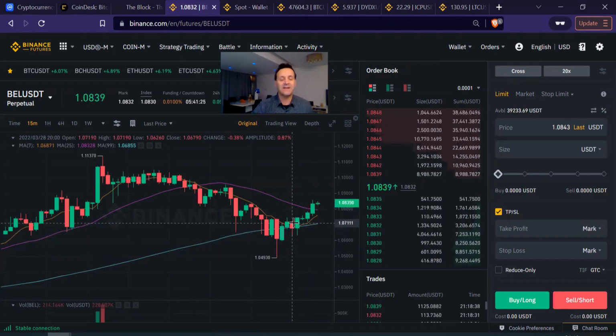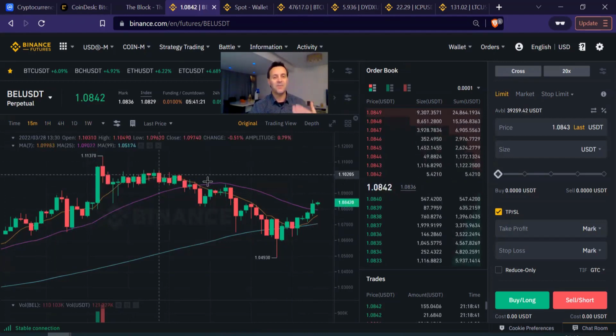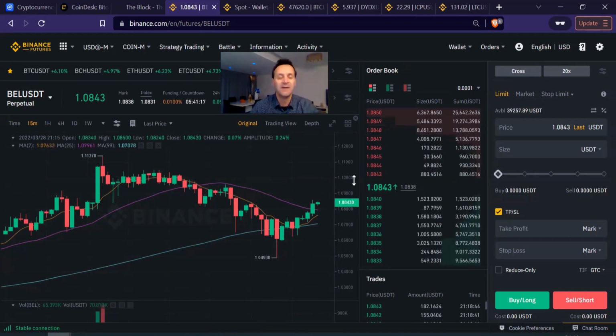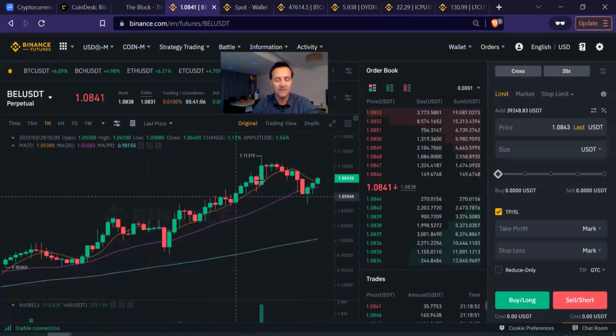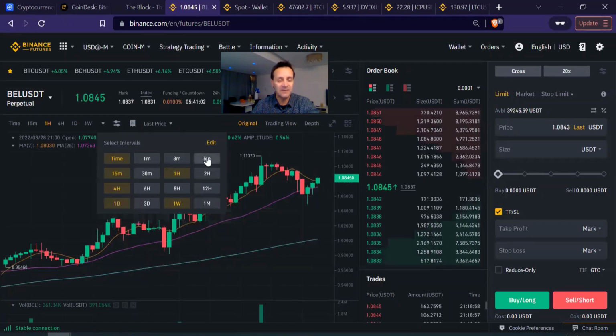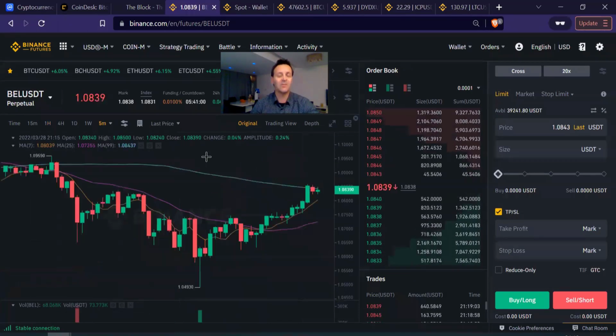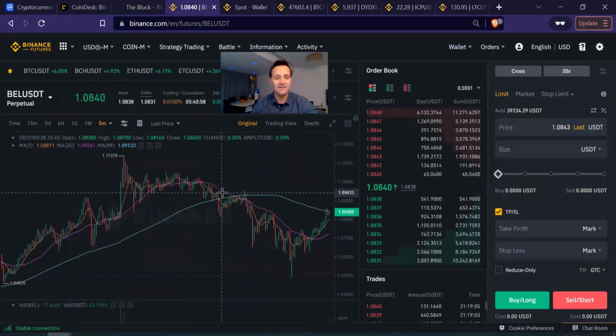So as you can understand, these are different candles that you can see per minute, per hour, per day, per week, in order to understand even more how the market works. If we go on hourly, you see that in the past hours it looks like there is a momentum on this coin. But when we do trading, we like to do it on 5 minutes, so we get a better and clearer idea of what's happening.